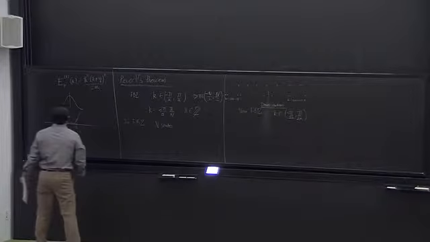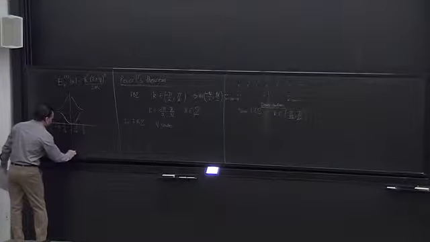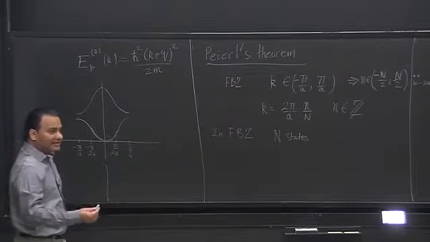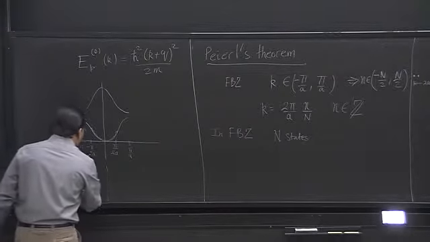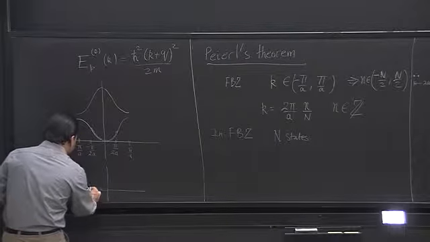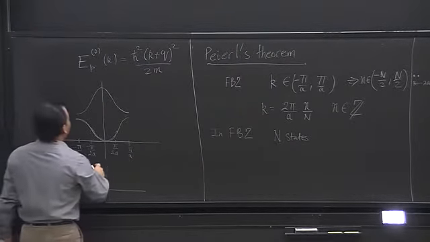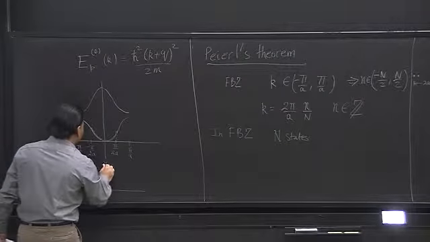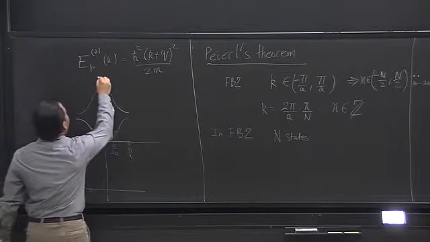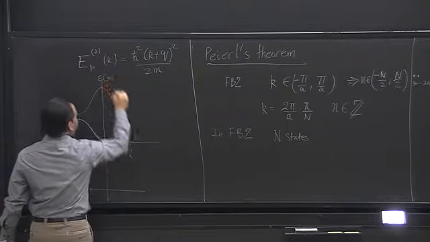So what that means is if I were to calculate the band structure of this system, what I will find is, I'm drawing it here. I hope it's visible. Should have left more space. So this is energy as a function of k.